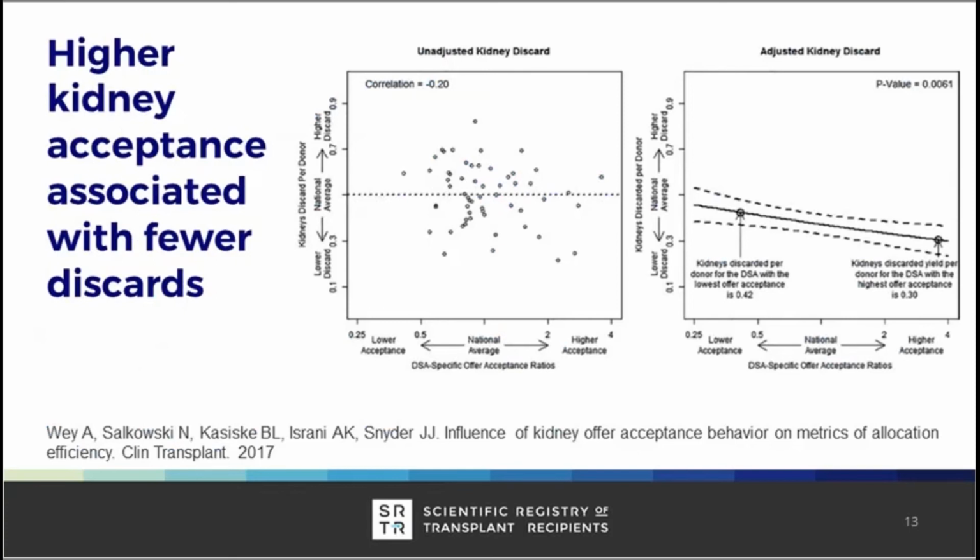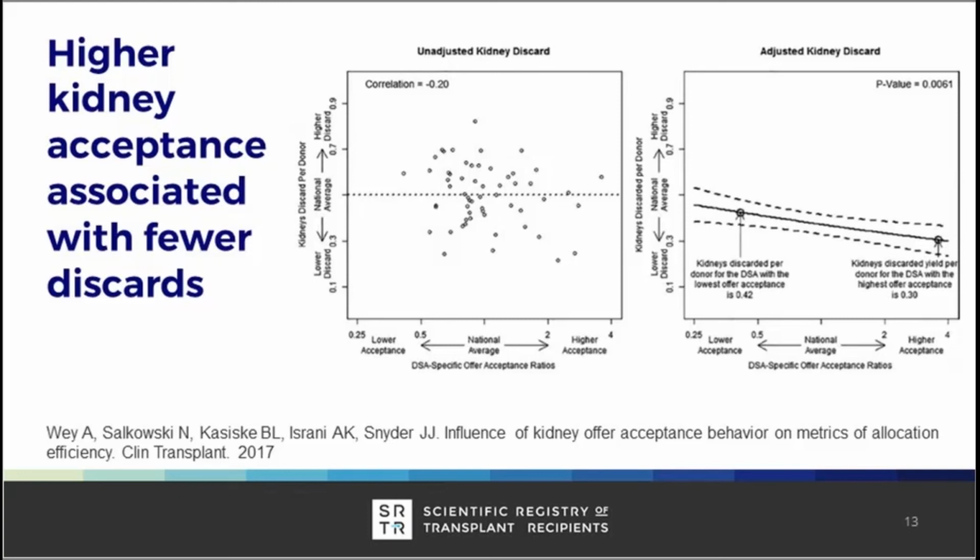We do know that higher kidney acceptance within a local area is associated with fewer kidney discards. So that relationship is shown on the right slide here. Andy was looking at this like all the programs within a certain DSA, for example. As those programs have higher acceptance practices, we see fewer discards of those kidneys in that area.